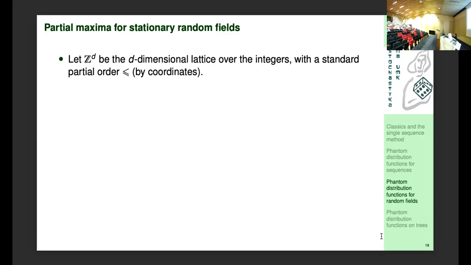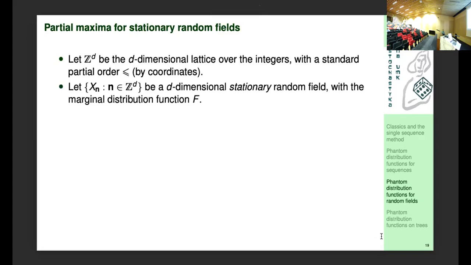We then have a natural partial order, and we can of course consider a stationary random field. This is a d-dimensional stationary random field. That means a family of random variables indexed by this lattice. The single distribution function is F.